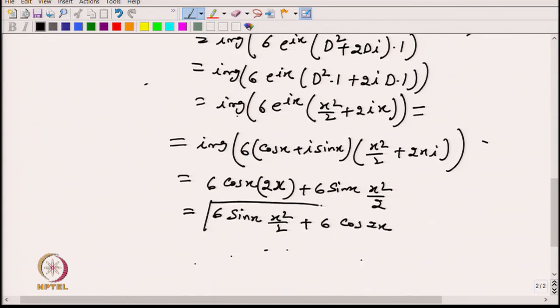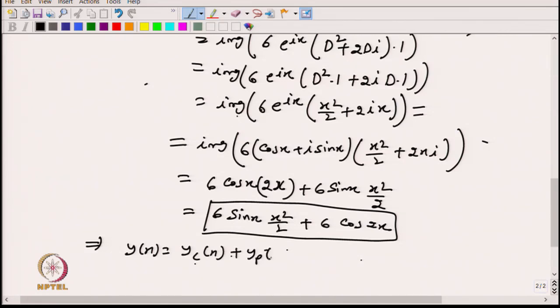So that is my particular solution. This is my particular solution, and then from here I can write my general solution y(x). This will be y_c(x) plus y_p(x).